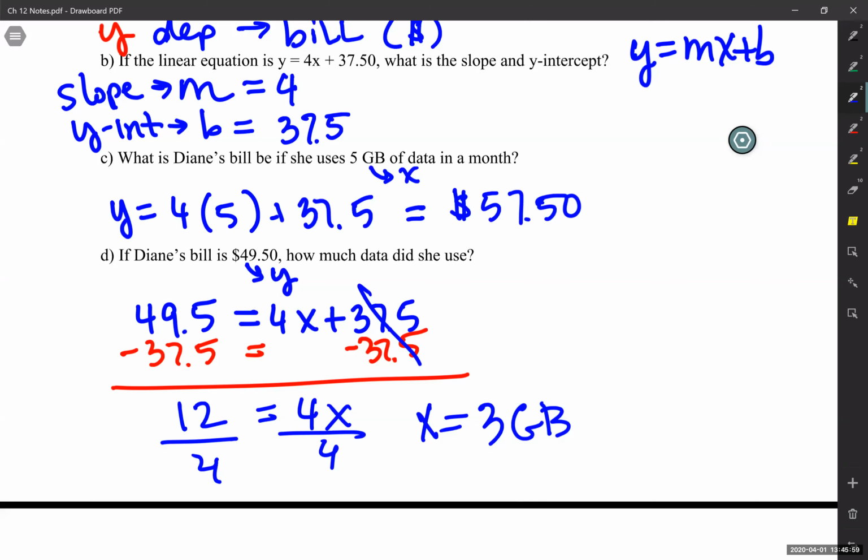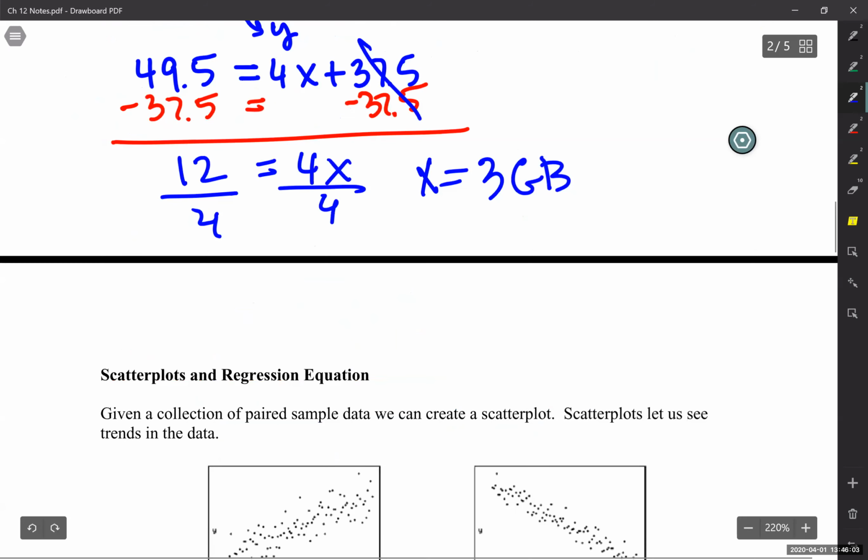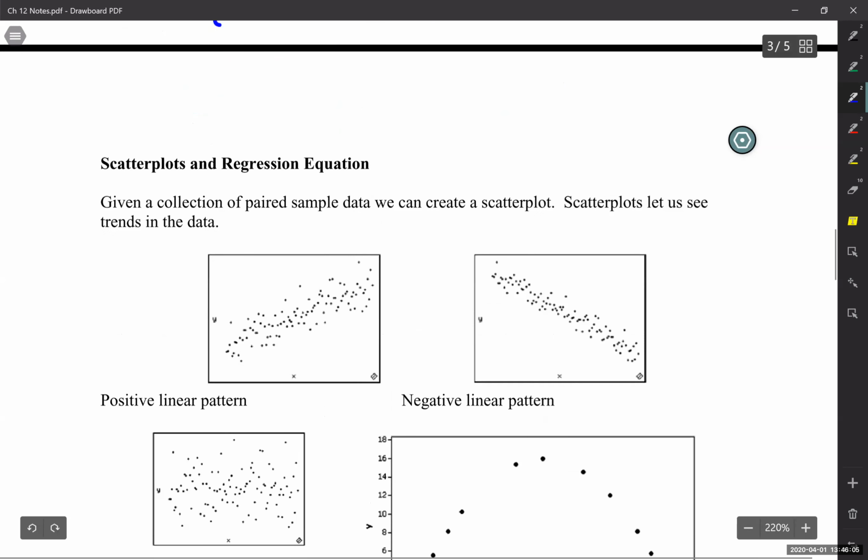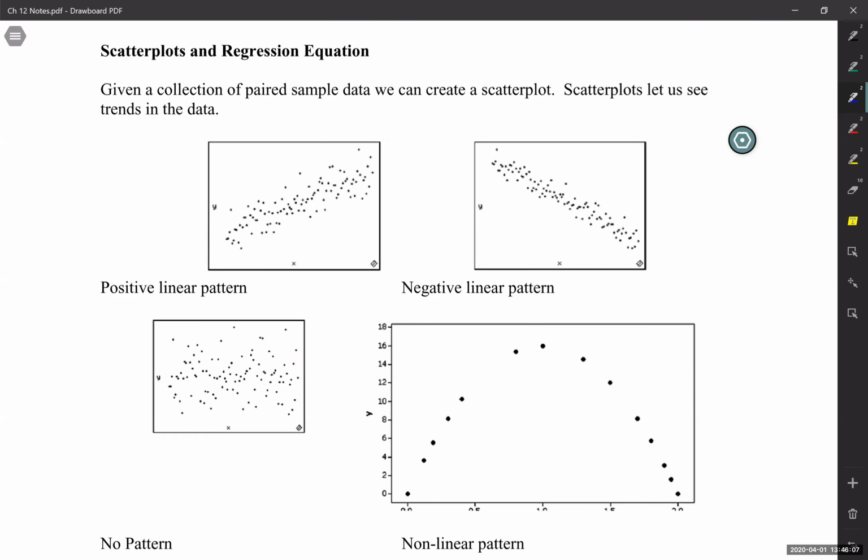All right, so looking at some examples of scatter plots. We have 4 examples here, and the top 2 are the most common that we're going to distinguish between, because these are linear patterns. So both of these have the word linear in them. And notice what I was talking about before, where I can draw a line through this data.